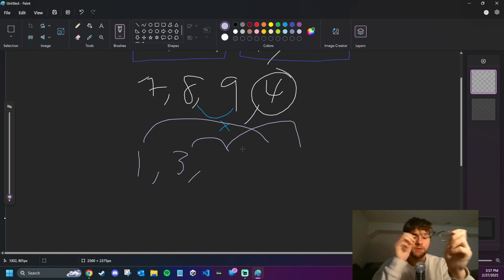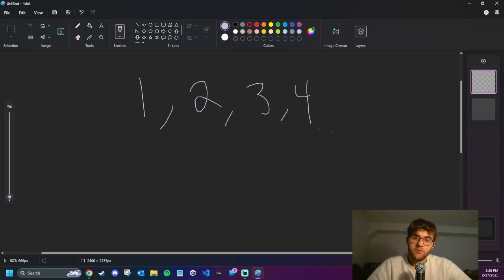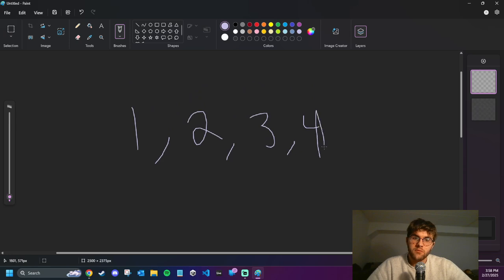So maybe can we use the fact that I can't think of any examples to our advantage? Let's go back to 1, 2, 3, 4. Okay. I'm kind of drawing a blank right now, but I think the sorted gives us a lot of information.